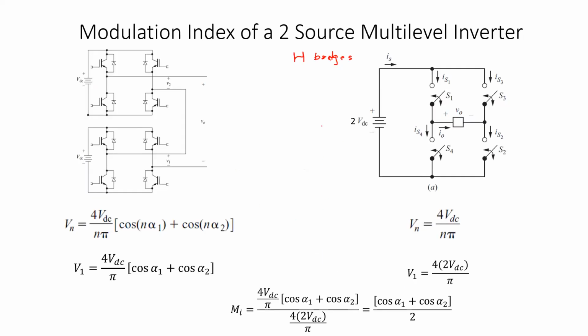Here I have given the multi-level inverter which has VDC sources, so the total max voltage will be 2 VDC. 2 VDC is the peak point. You may remember, this inverter's output will be something like this, and this will be 2 VDC.